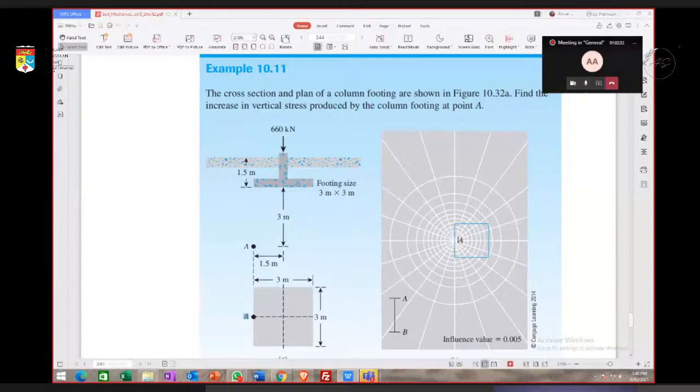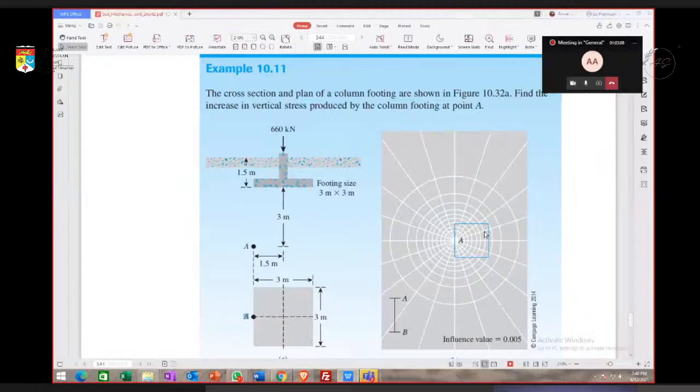We calculate one by one: 1, 2, 3, and some, like this one, maybe half. So we use visual observation. If an element is full, we say 1. If it is half, we say a half element.